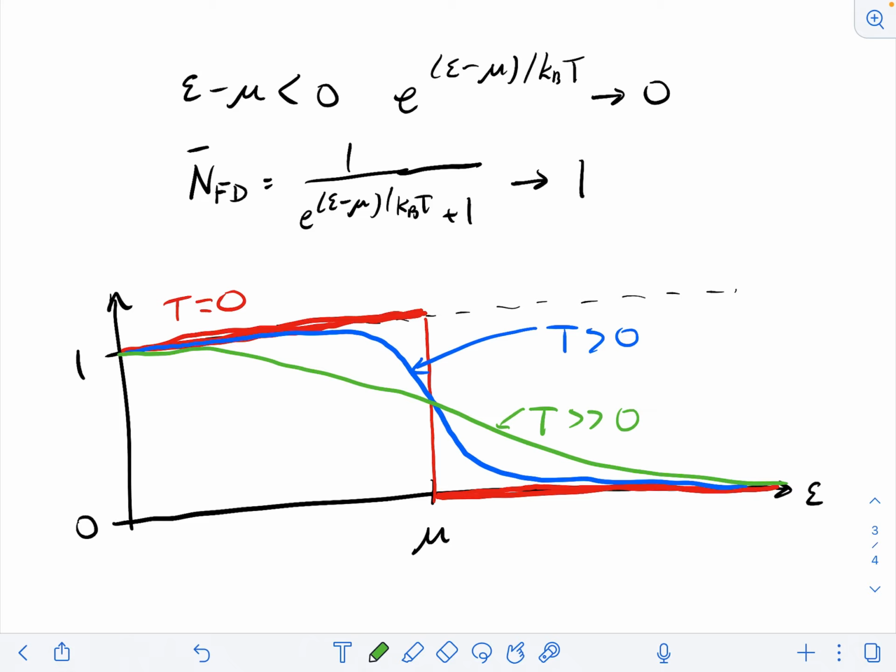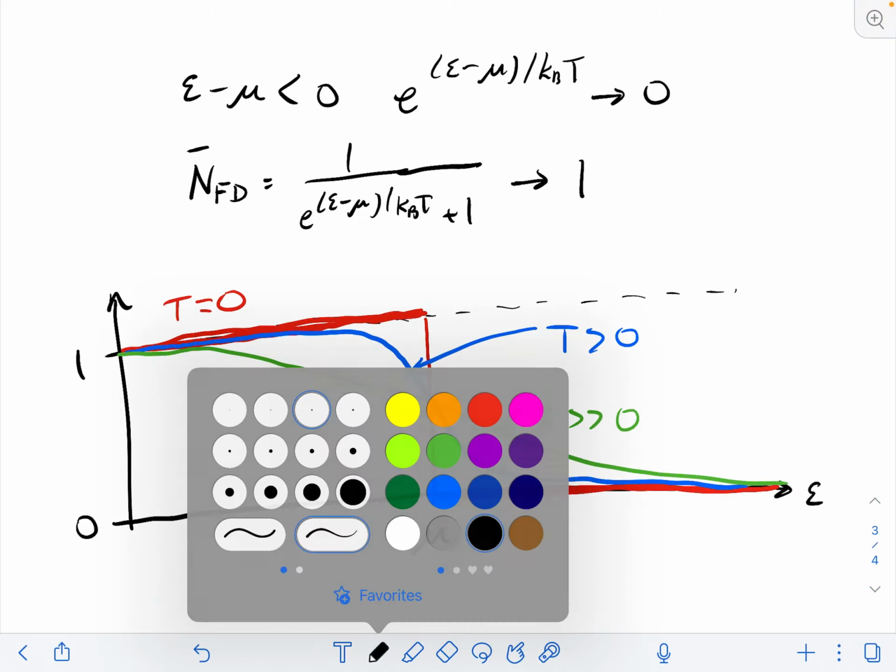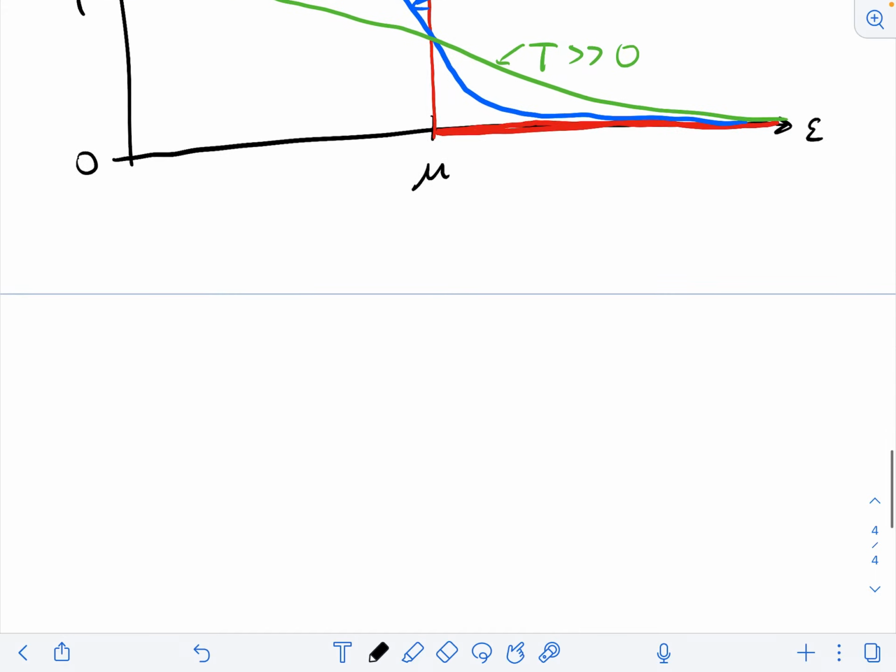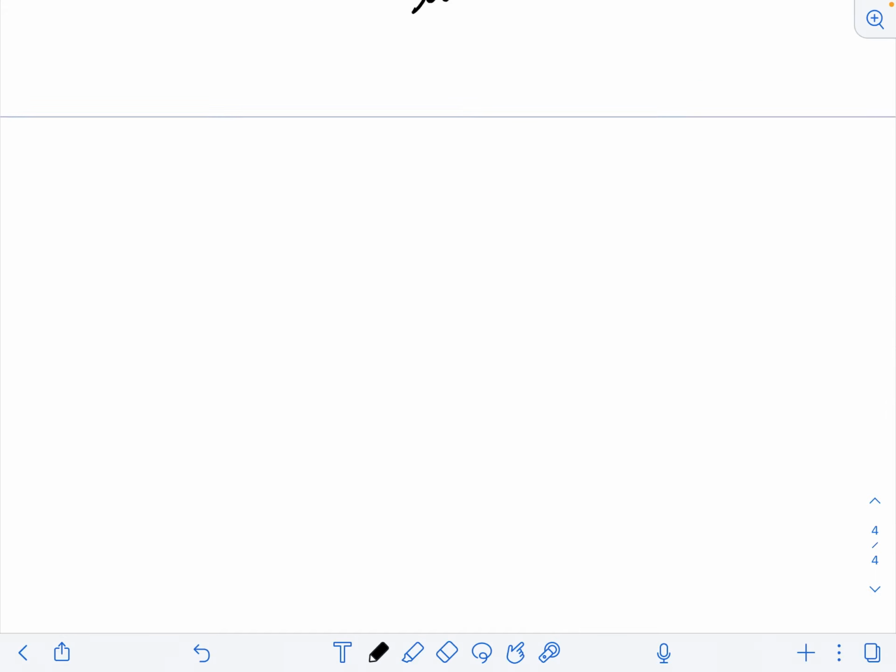If we had a single energy level and we were going to fill it not with fermions but with identical bosons, then we can put any number of particles in that energy level.